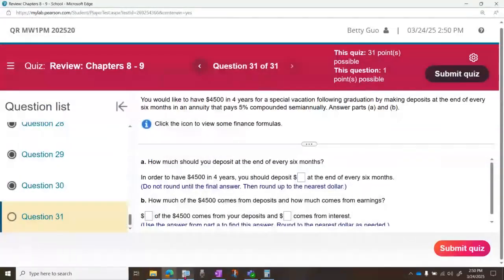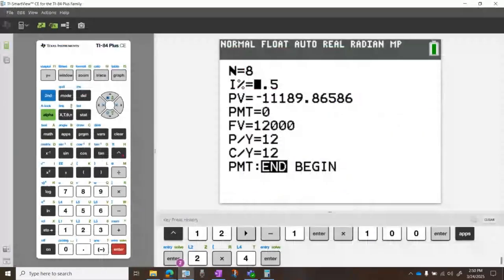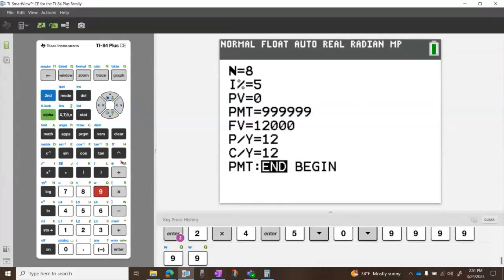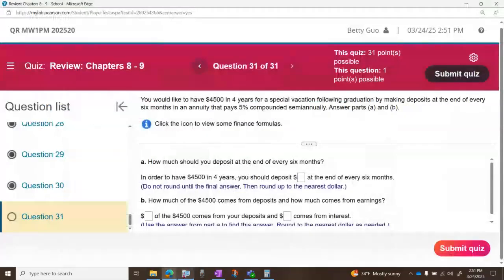Interest rate 5%. Present value, for an annuity, is always 0. Payment is what we are trying to figure out. Future value, how much do you want to have? You want to have 4,500.